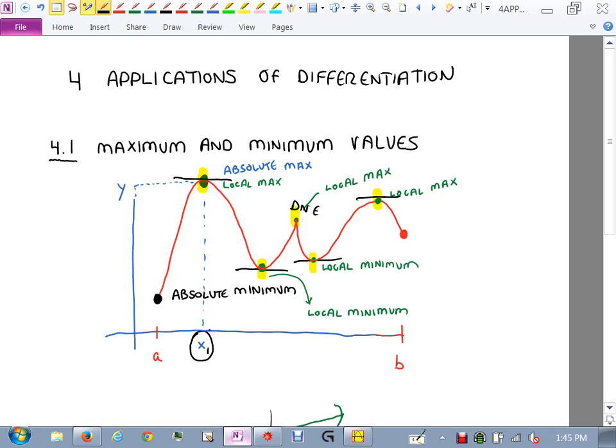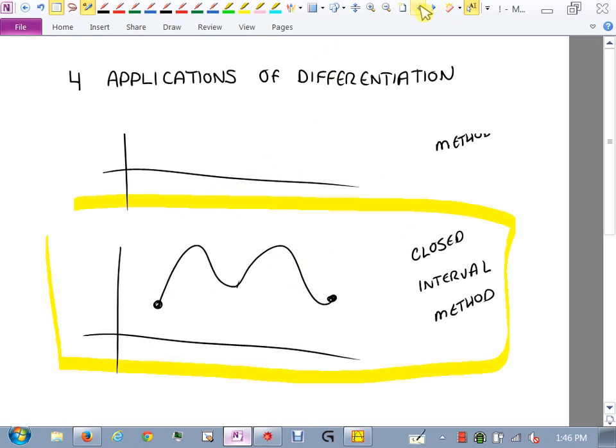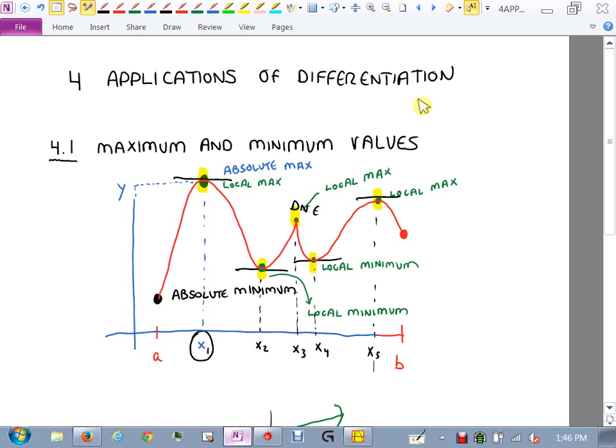I'll call that x1. How about this right here, x2? Would that one be a critical number? Yes. How about this one that gave me does not exist? Yes, that would also be a critical number. And then here would have been another one, and here another one, right? So I would have had 5 critical numbers here? Any questions on the geometry of that, or how I'm relating the critical number to that picture?